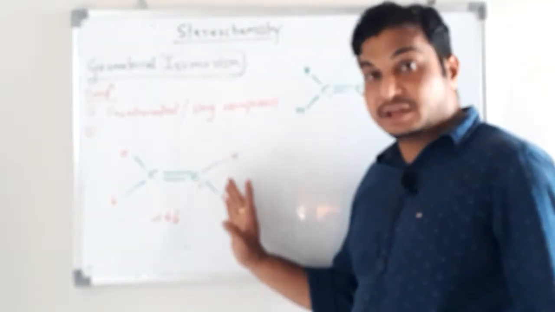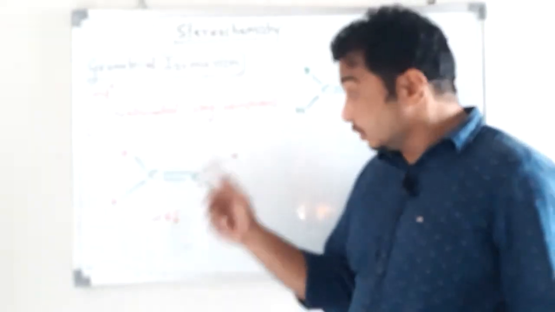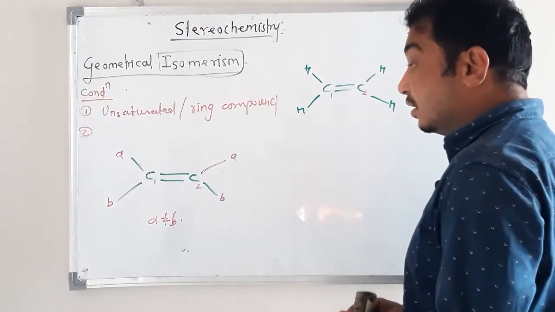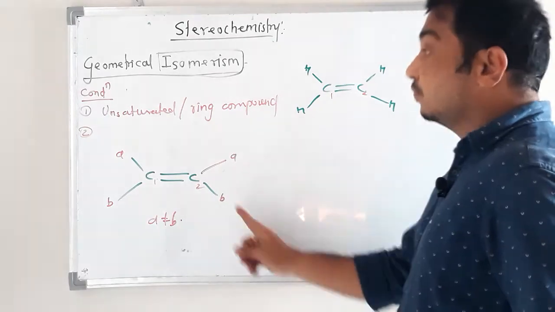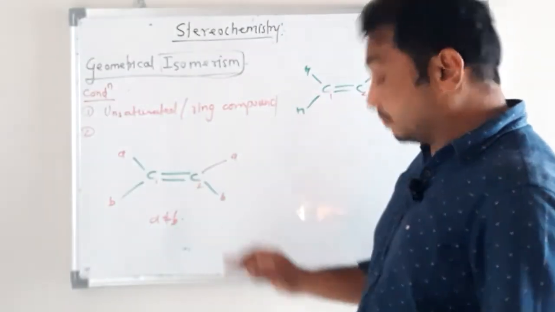If they are the same on one carbon, it does not show geometrical or cis-trans isomerism. So if these two conditions are fulfilled by a compound, then it will show geometrical isomerism.